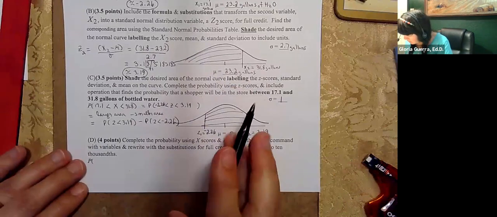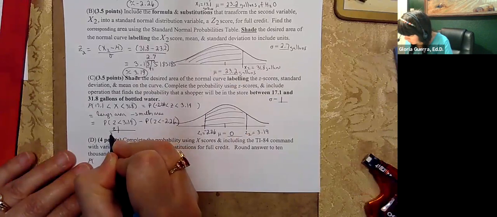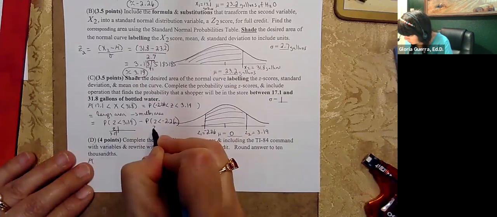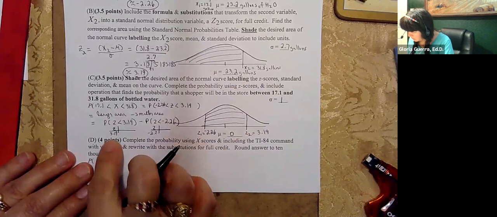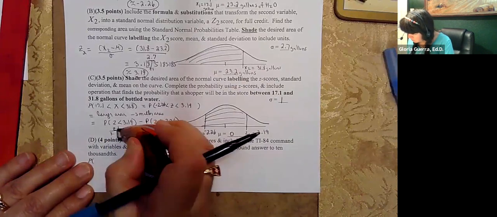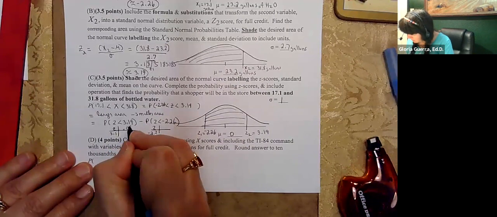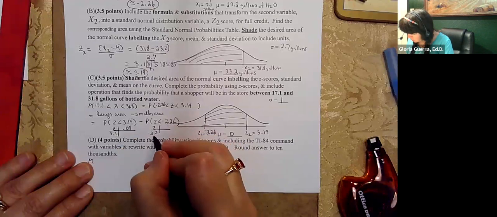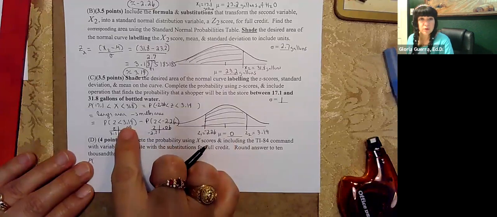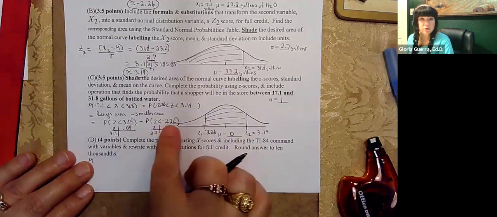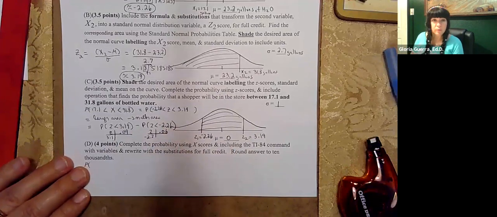And when I look that up on the table, 3.19 and negative 2.26, remember, it's the first two digits. So 3.1, and then 0.09. First two digits, negative 2.2, and then 0.06. First two digits go here, and then 0, and then 6. And then you would look those up on your chart.